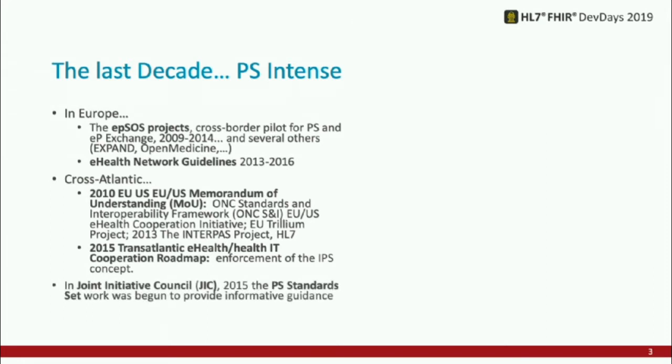Another piece of that is the Joint Initiative Council, which is a group that tries to bring together the various standards efforts in ISO, HL7, CEN, and a variety of others to come up with some kind of common vision, and they've tackled the patient summary as one of their recent work items.